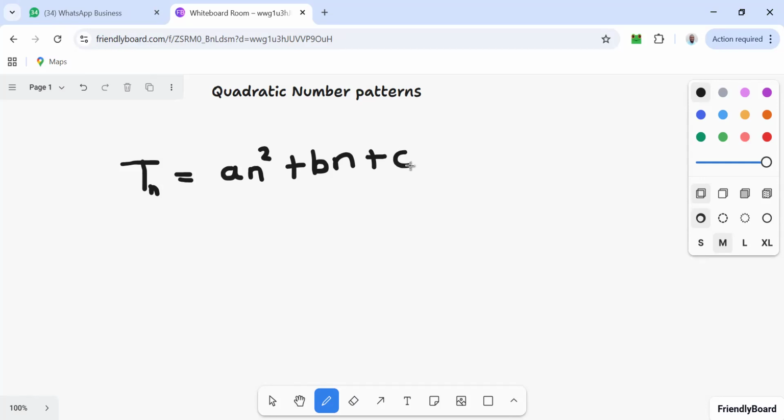So a quadratic pattern is a general term of the form Tn is equal to an squared plus bn plus c, where a is not equal to 0.